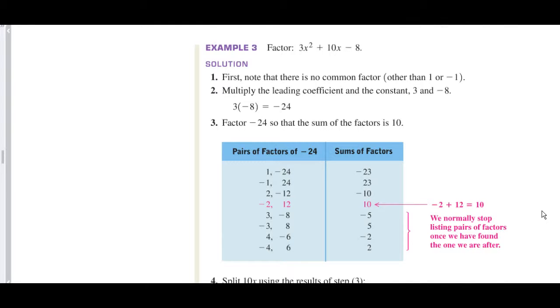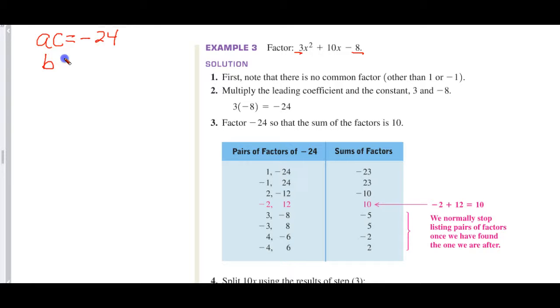But I'm going to do number 3 here using the AC method. Think about it. What is A times C? A negative 24.